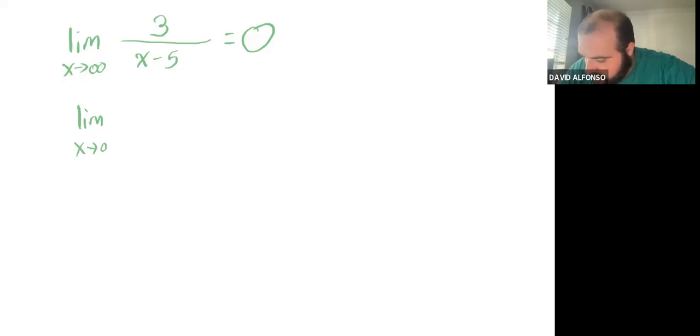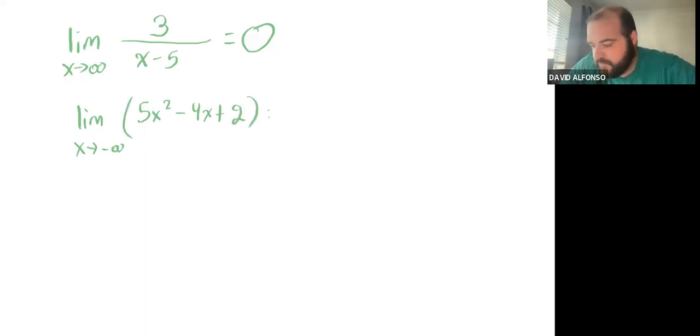Or if you had something like this, x goes to negative infinity. If you were to directly substitute a negative big number, you'd get, well, with polynomials it's a little different.